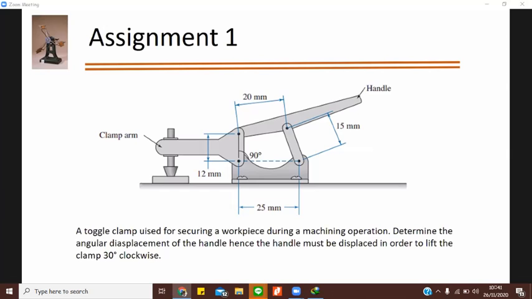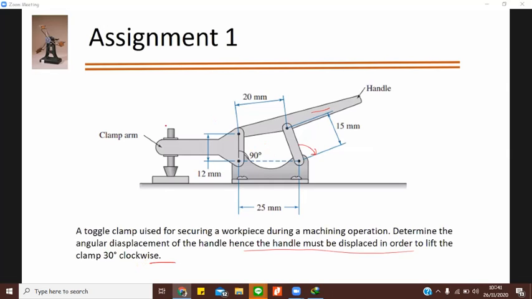So what we are doing here, we want to determine the angular displacement of the handle, how your handle will move in angular displacement, and hence the handle must be displaced in order to lift the clamp 30 degrees clockwise.